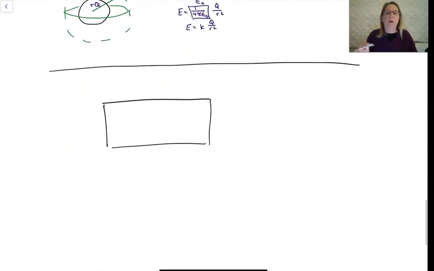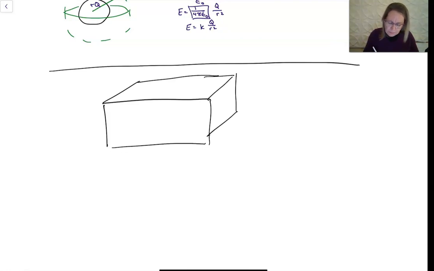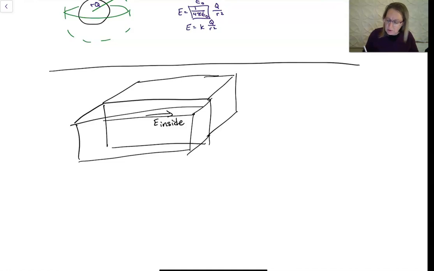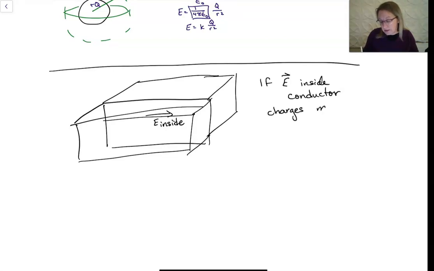And this is the reason why. Let's say I've got a chunk of conductor. If we have an electric field inside the conductor, in the depths of the conductor, then that means that charges will move, because they can.